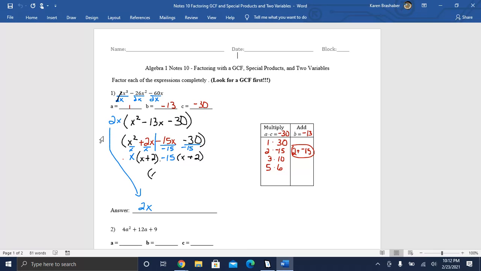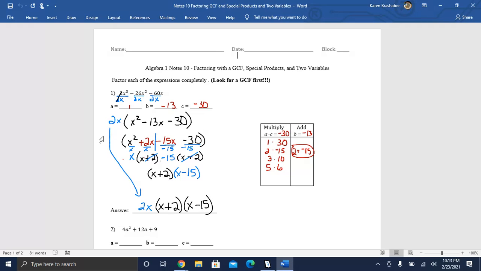So x plus 2 is one of our factors, along with the x minus 15. Now, as you write your final answer, you want to include the greatest common factor. So you want to include the 2x and the x plus 2 and the x minus 15.